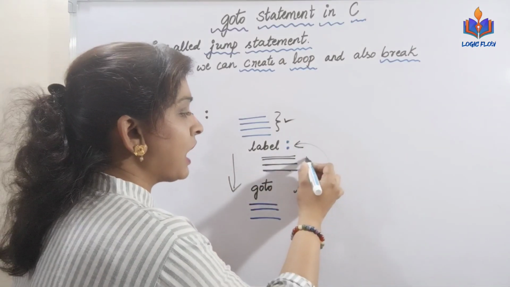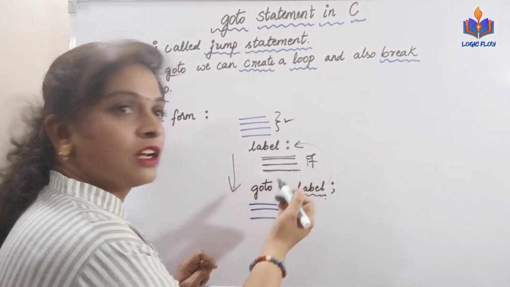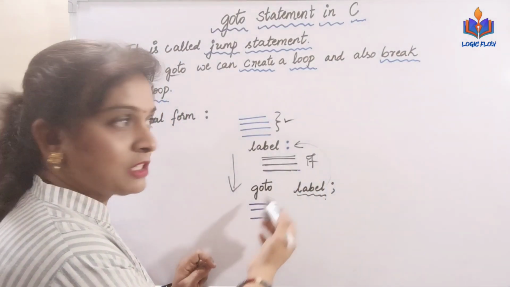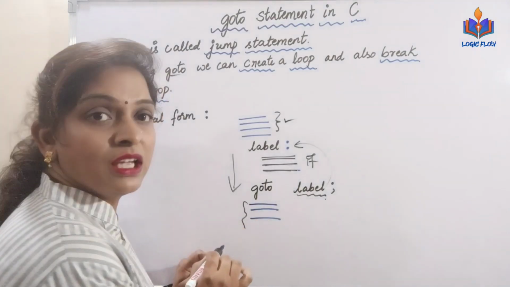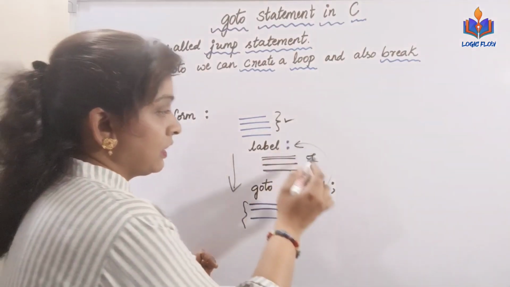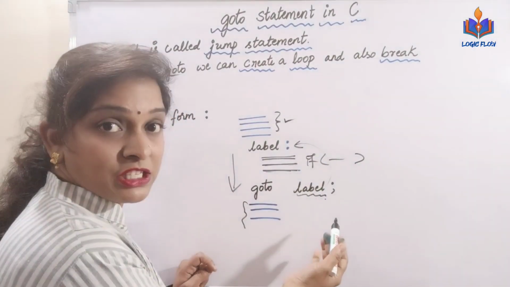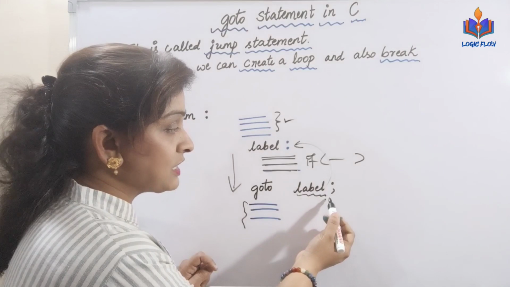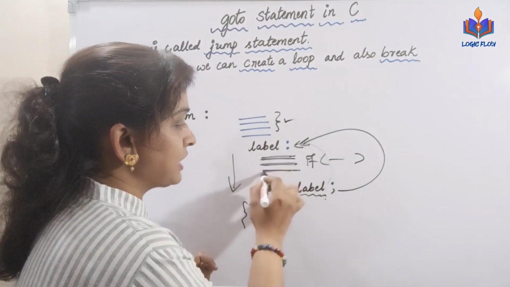And here I may have some if condition which will make the control go out of the statements. Some condition has to be evaluated so that this go to label gets executed. So when go to label gets executed, control will be at this label and some statements get executed.